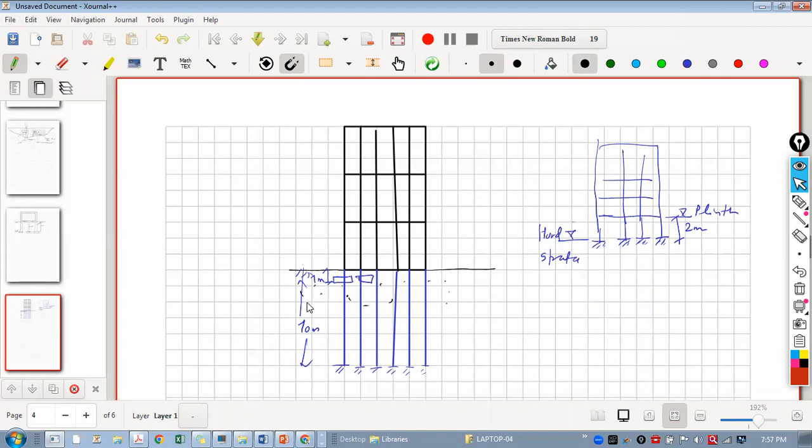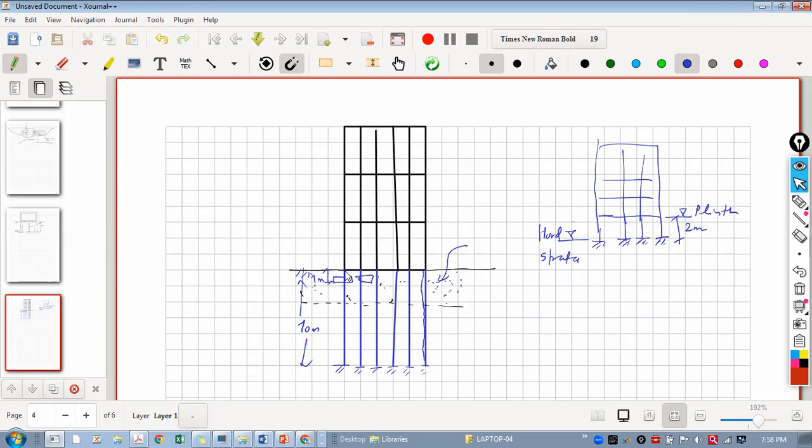Let's say you know that underground, whenever you drive the pile below the ground, due to the machinery and movement over here, this soil gets displaced. So there is a removal of soil. We remove the soil here also, because for what?